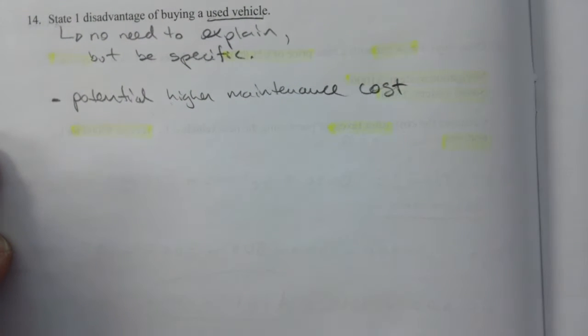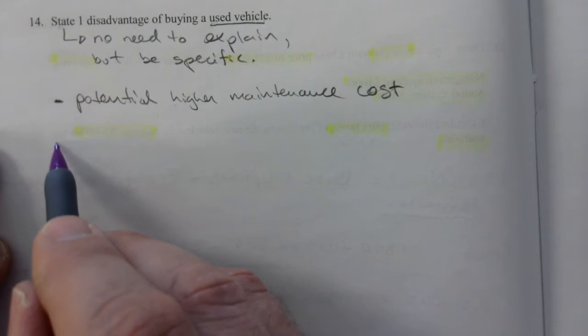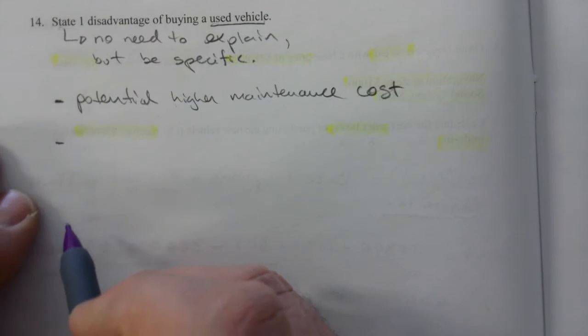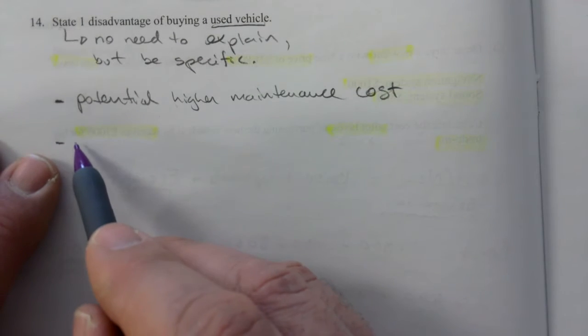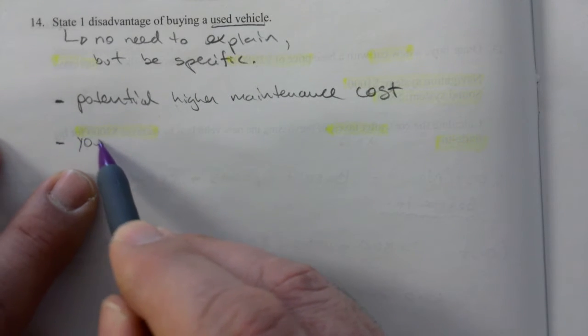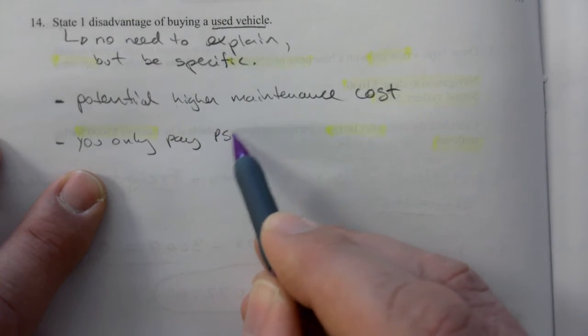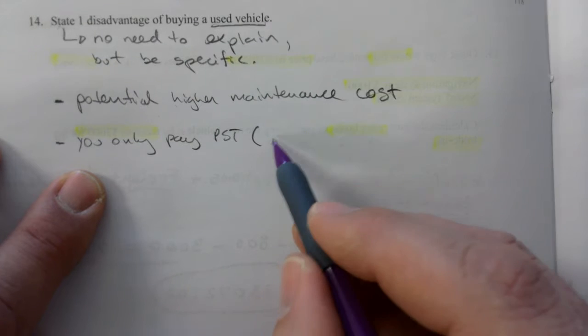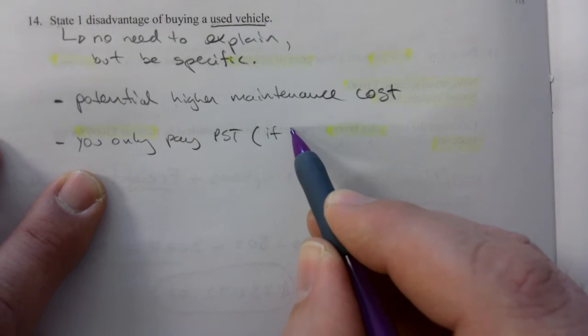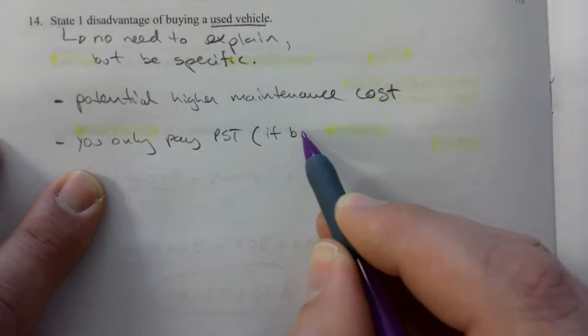Okay, so the wording is important. Like, yeah, you can say higher maintenance cost, but it's potentially, right? Sometimes used vehicles are pretty reliable and there's nothing wrong with them, right? You only pay PST, and then you have to be specific if bought privately.